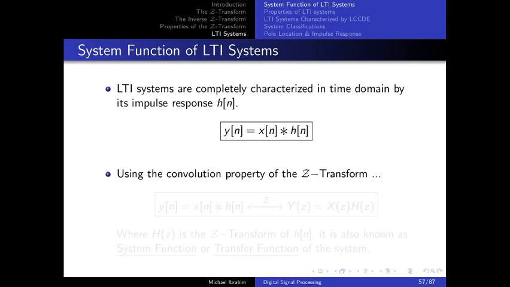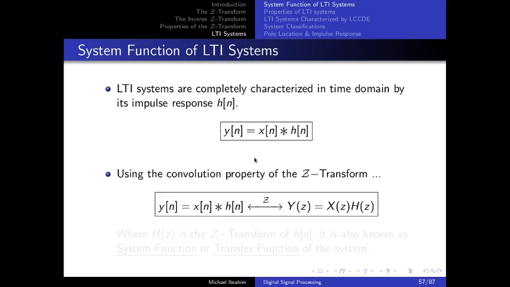We can use the convolution property of the Z transform to write down y of z, the output in the z domain, which equals x of z, the Z transform of the input, multiplied by h of z. And h of z is the Z transform of h of n, and it's also called the system transfer function or system function.